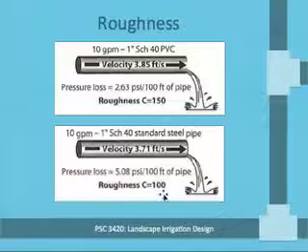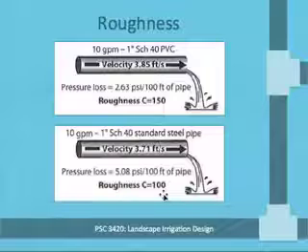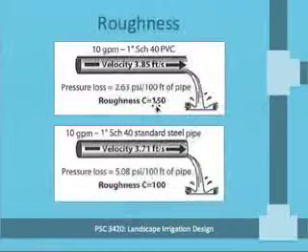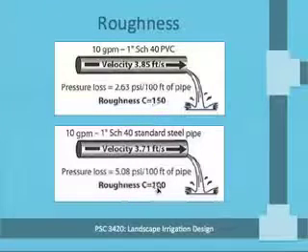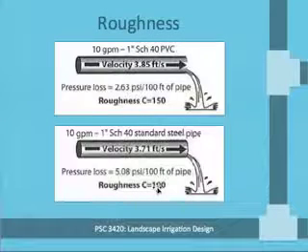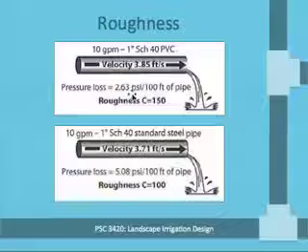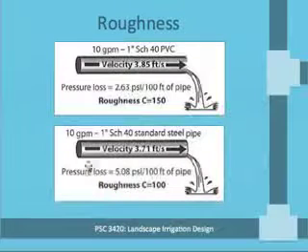So here we've got 2 pipes that are the same size. One has a C factor of 150 and one has a C factor of 100. The flow in both of these pipes is 10 gallons per minute, but note how different the pressure losses are because of the different roughnesses. So here, when the C factor is 150, pressure loss is 2.63 psi per 100 feet of pipe.